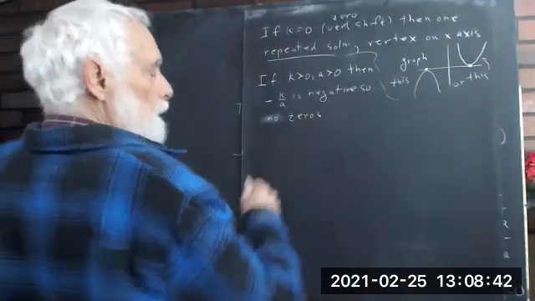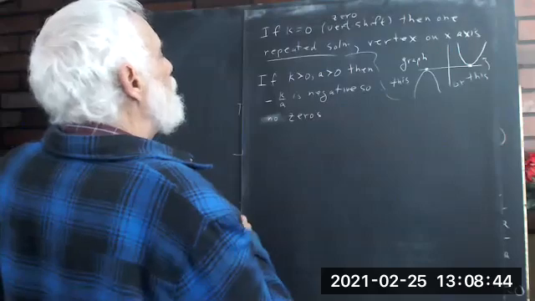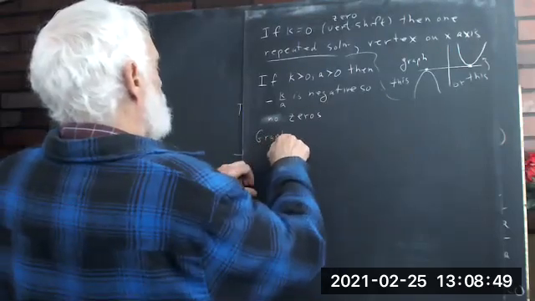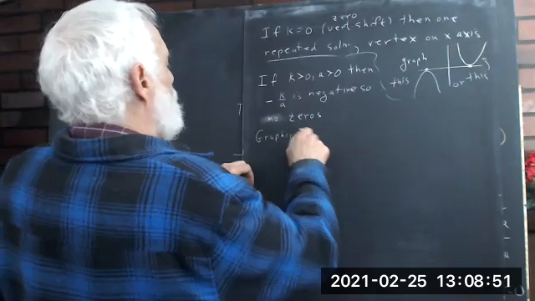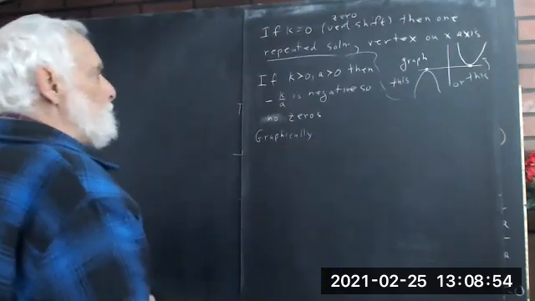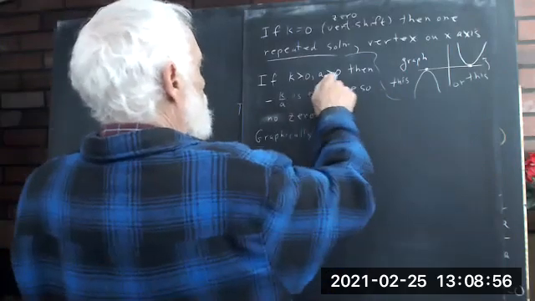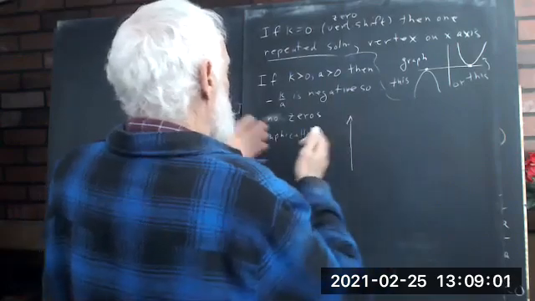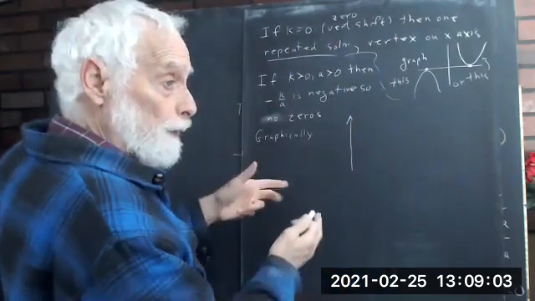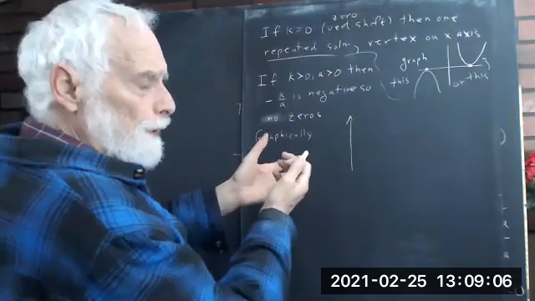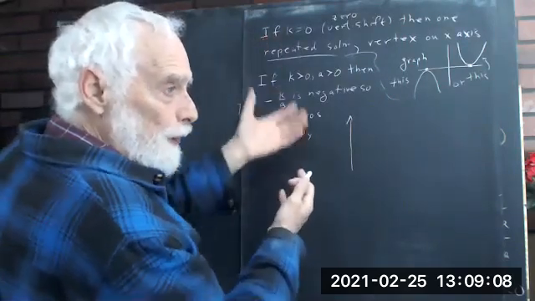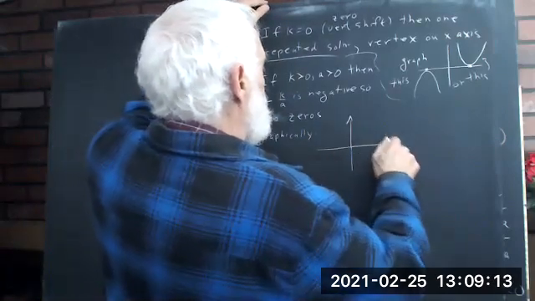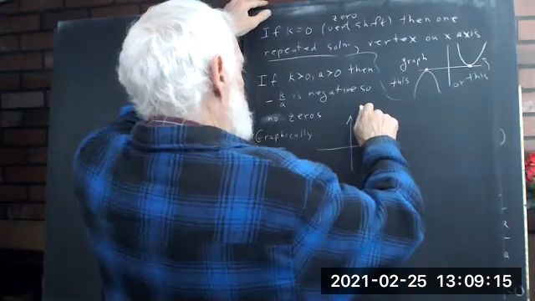Okay, that's what we concluded already. Graphically, k greater than 0, a greater than 0 means that the graph is upright. The vertical stretch or compression is positive, so you don't have a reflection.